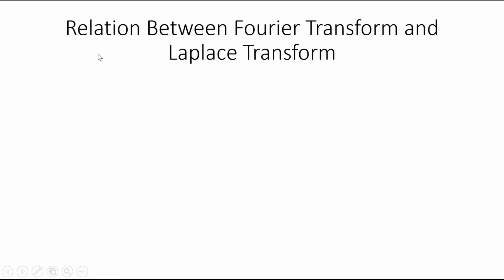Next is the relation between the Fourier transform and the Laplace transform. We know that the Fourier transform converts the time domain signal into a frequency domain signal, and the Laplace transform converts the time domain into the S domain.